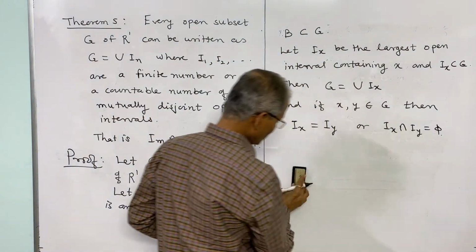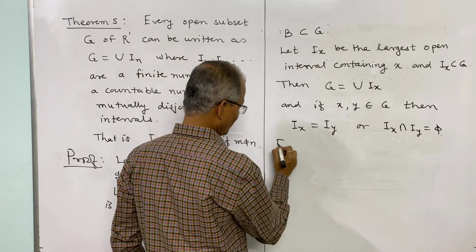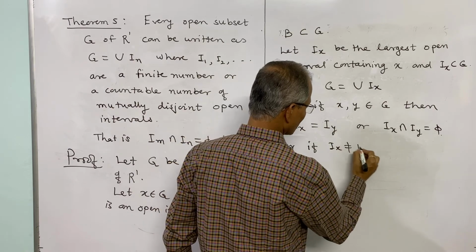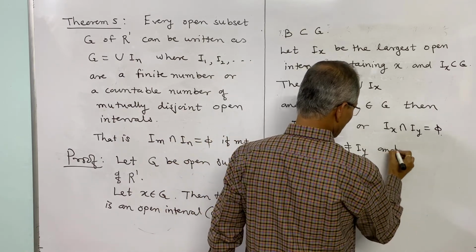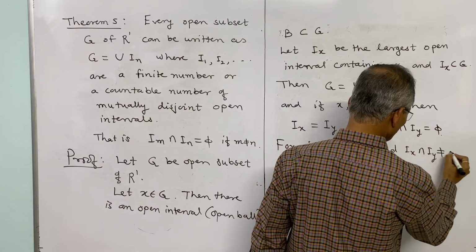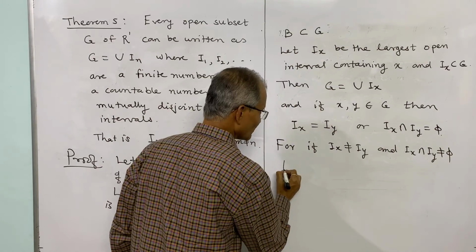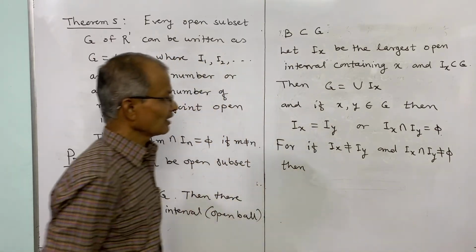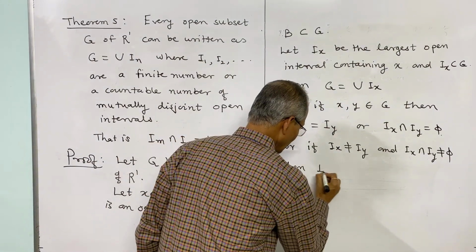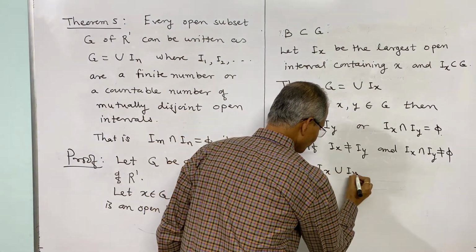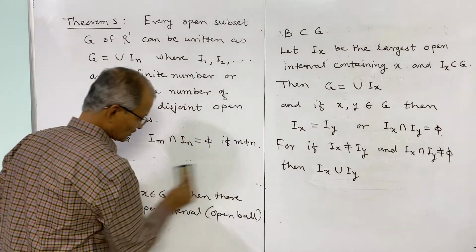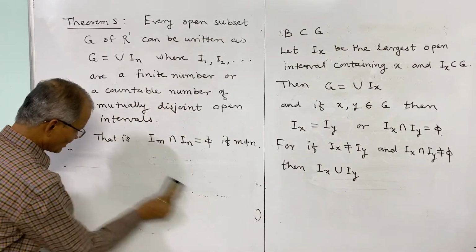Now we will prove this. Suppose Ix is not equal to Iy and Ix intersection Iy is not equal to phi. If both are not true, then Ix union Iy is an interval which contains x. See, the case is like this.